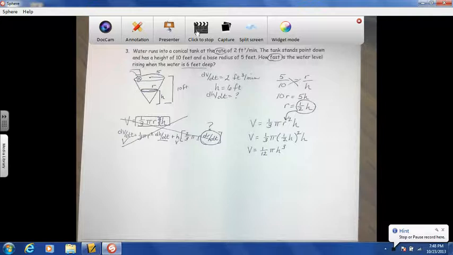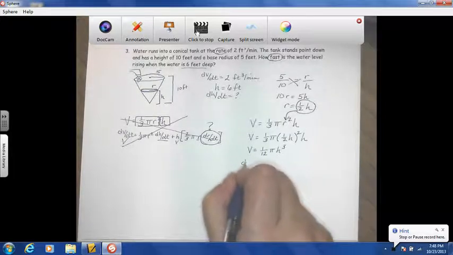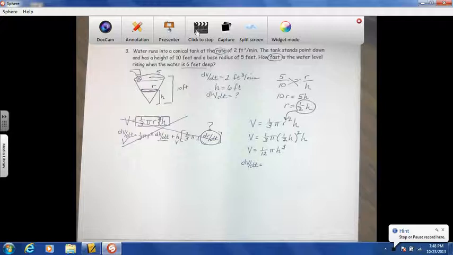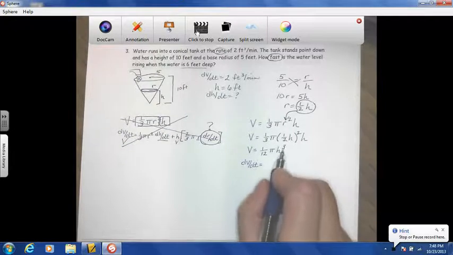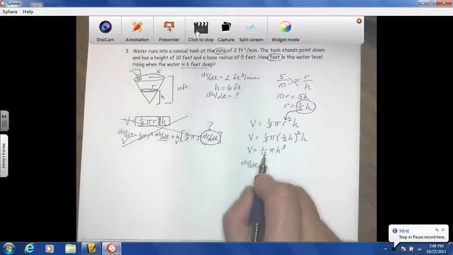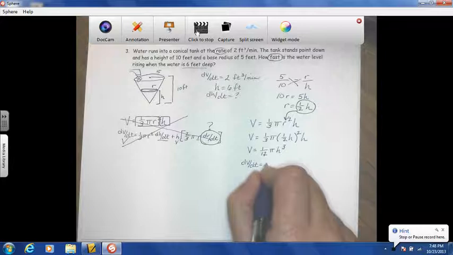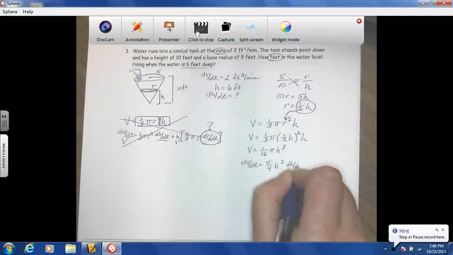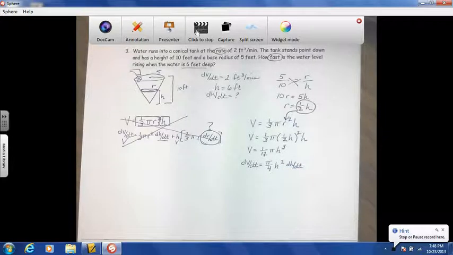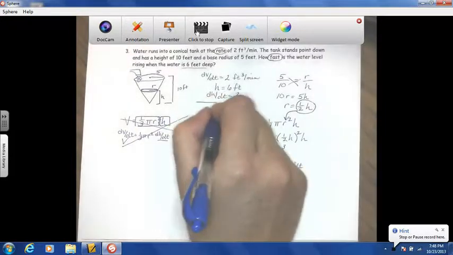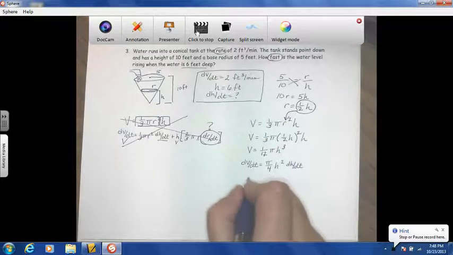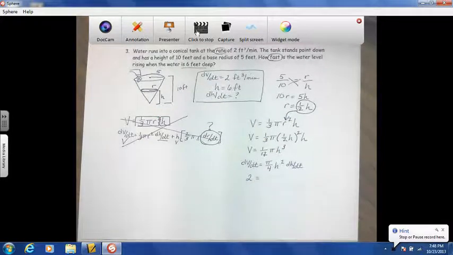So now let's take the derivative again. The derivative of the volume with respect to time, the rate of change of the volume with respect to time, equals, bring the 3 down in front, that'll reduce with the 12, leaving me with pi over 4 h squared dh/dt. Now we can go back up to the given information. We can substitute the 2 in for the rate of change of the volume.